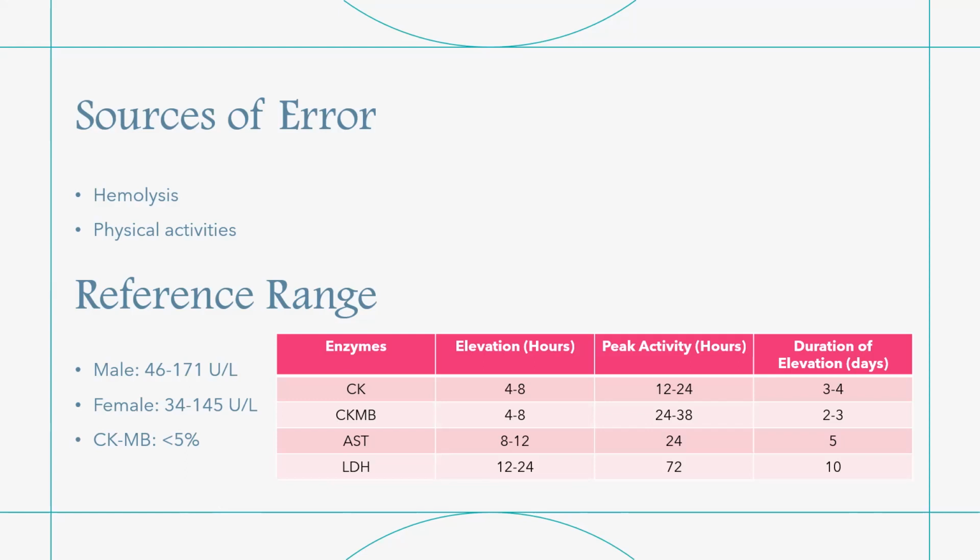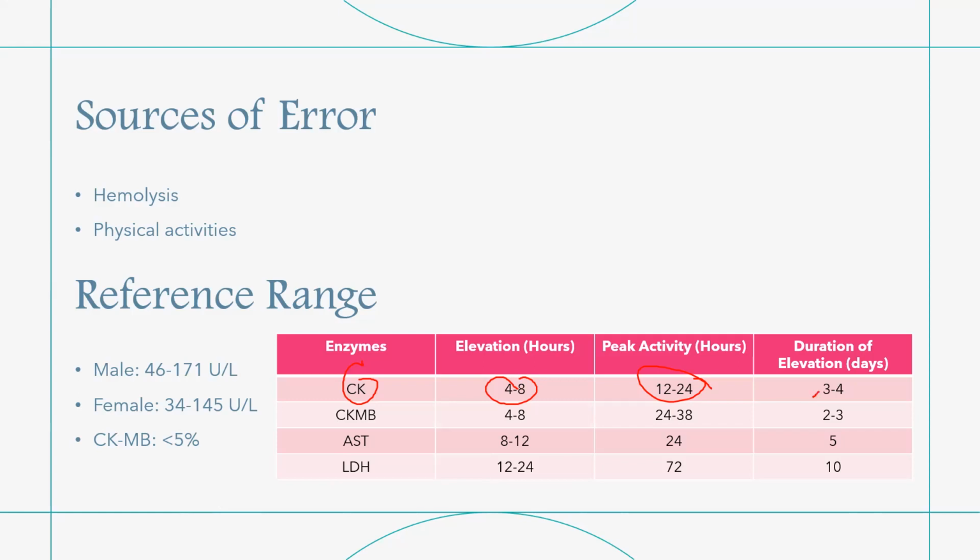If you can see, creatine kinase will elevate first at 4 to 8 hours, with a peak of 12 to 24 hours, and the elevation could be seen up to 3 to 4 days.